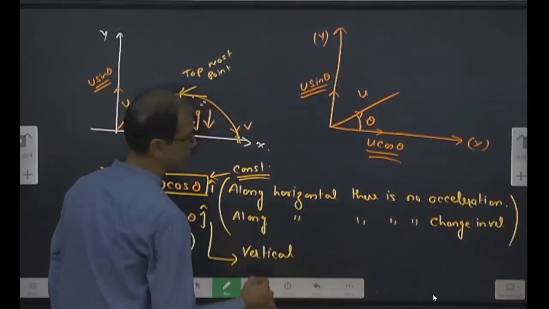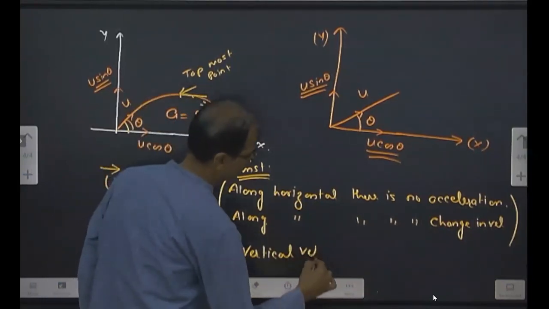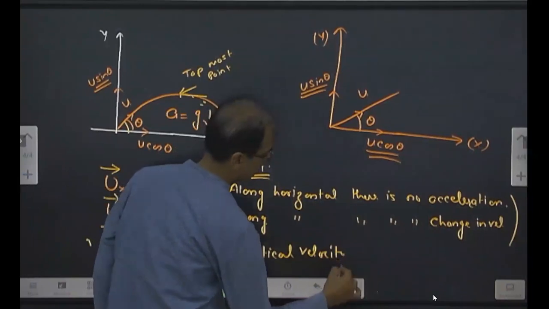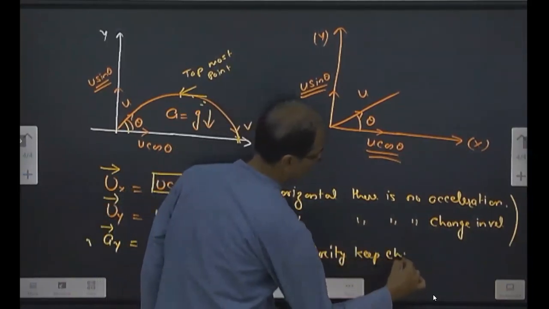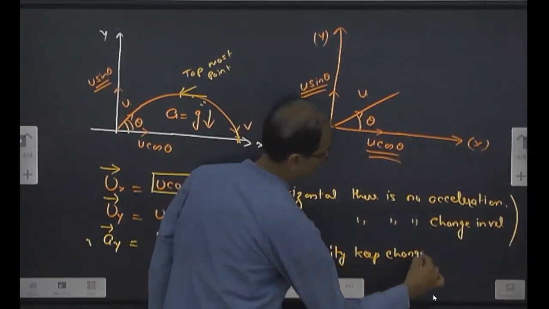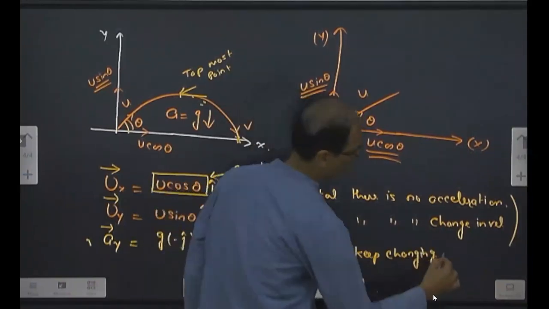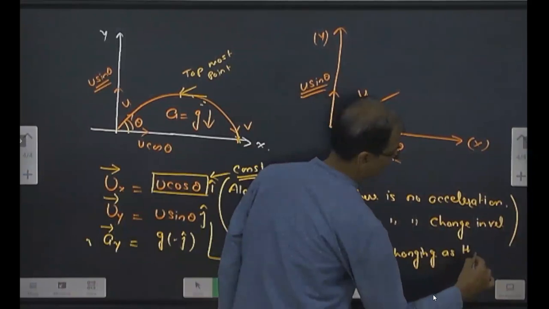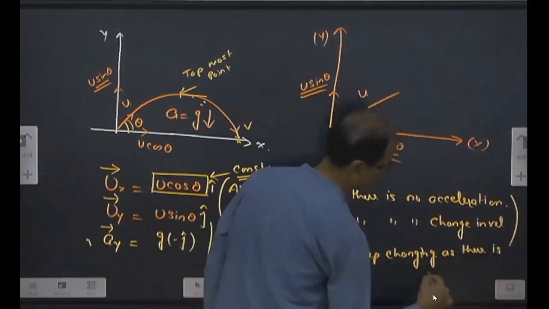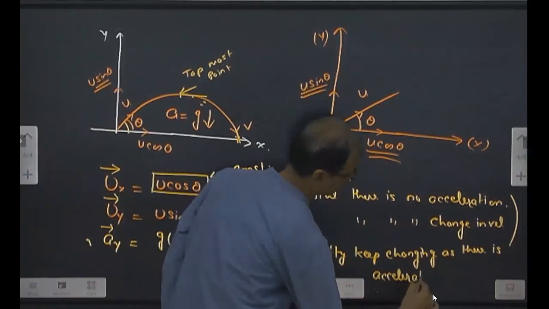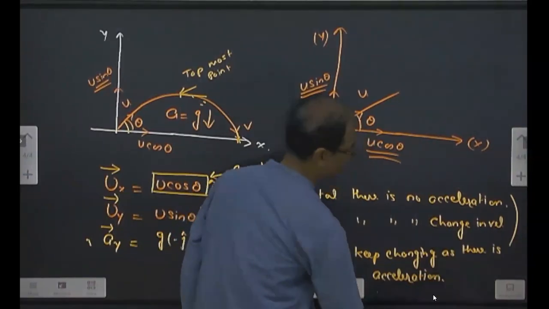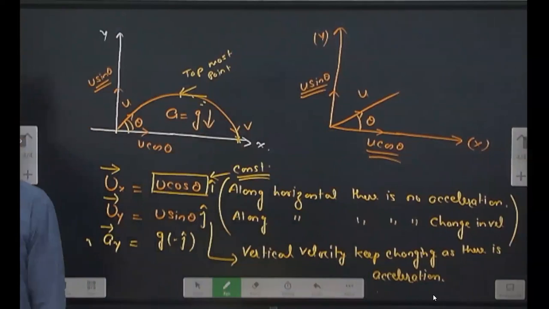Vertical velocity keeps changing as there is acceleration. Okay, are these points clear?